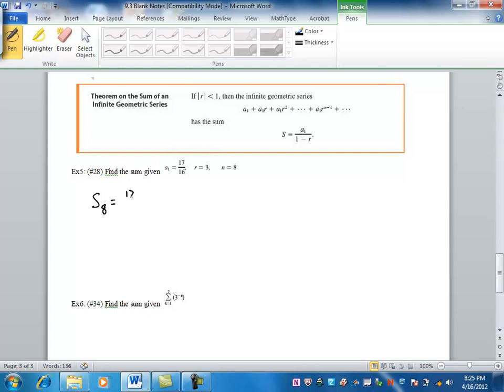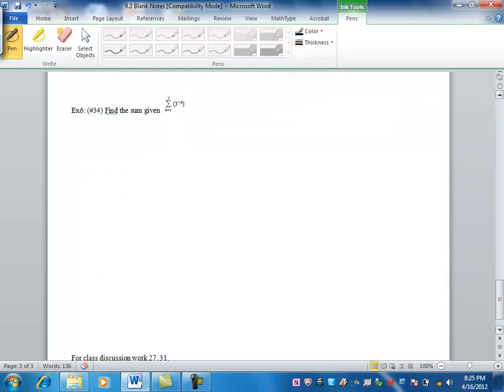The first term is 17 over 16, and then this is going to be multiplied by 1 minus a ratio of 3 raised to the 8th power divided by 1 minus 3. And you work this out, you get 3,485. So that's the sum of the first 8 terms.